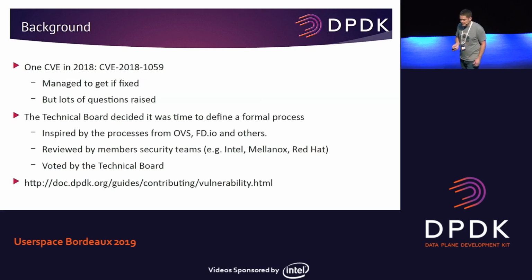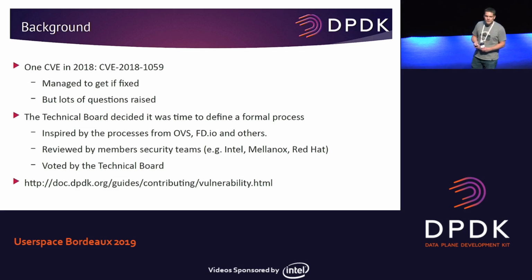We had one CVE last year, in vhost. We managed to get it fixed, but without a process. Based on this experience, the tech board decided that we should put one in place. We didn't start from scratch. We took a lot of inspiration from the OVS and FD.io ones, and others also.